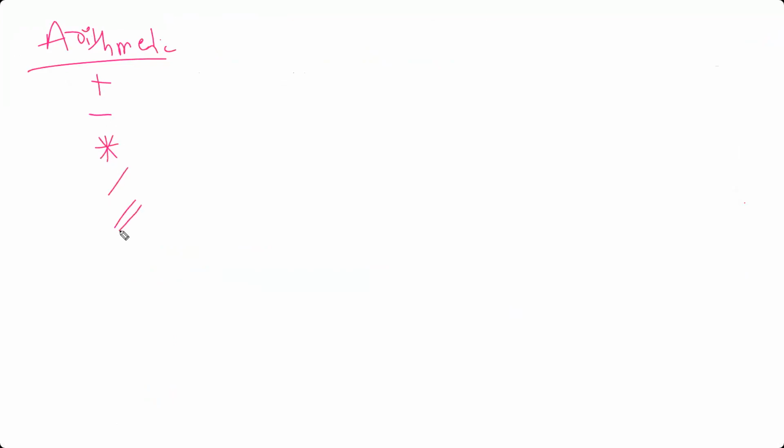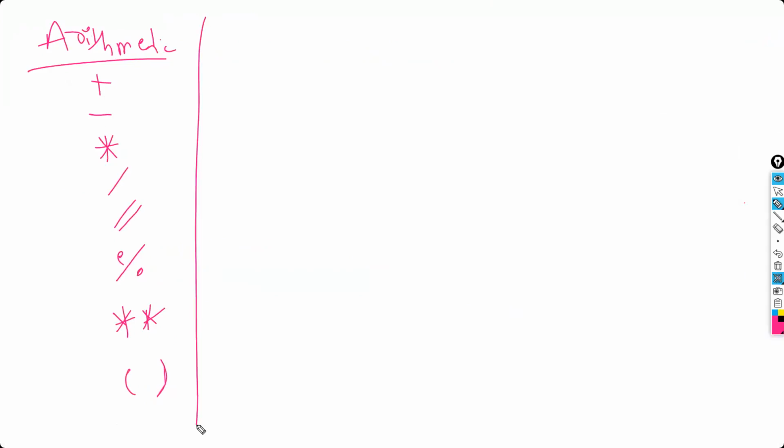So if you clearly observe, I'm writing here: first one is arithmetic operators. In arithmetic, we have plus, minus, multiplication, division, floor division, modulo, power, and parenthesis. These are the arithmetic operators. Assignment operators: what are the different types?